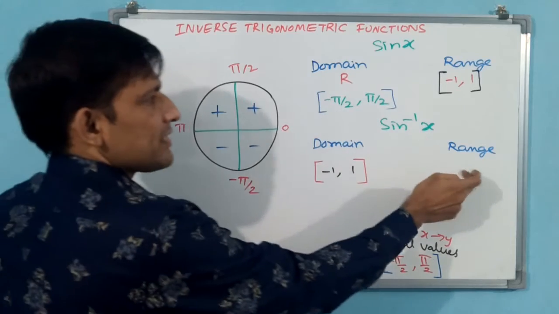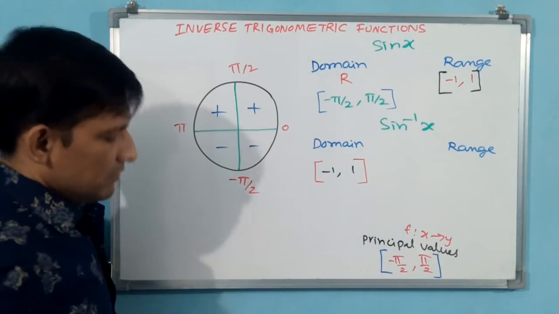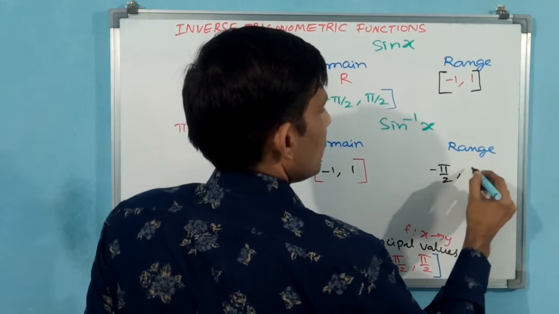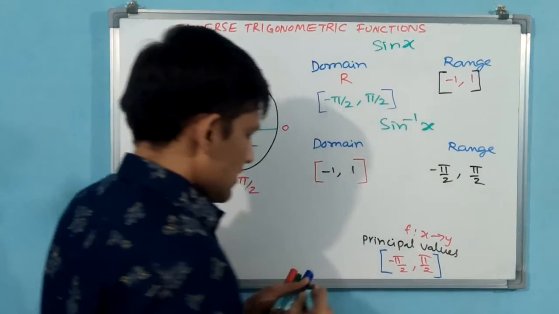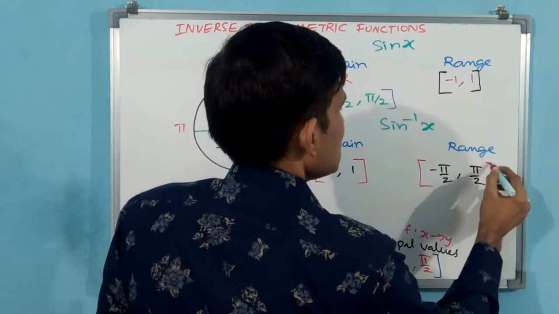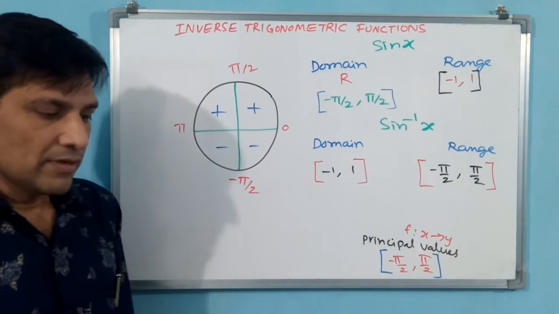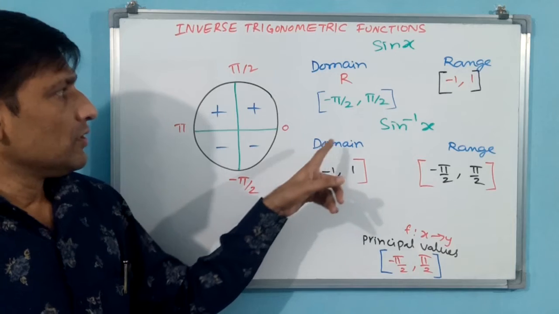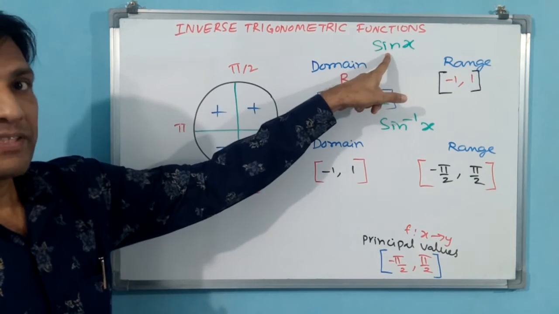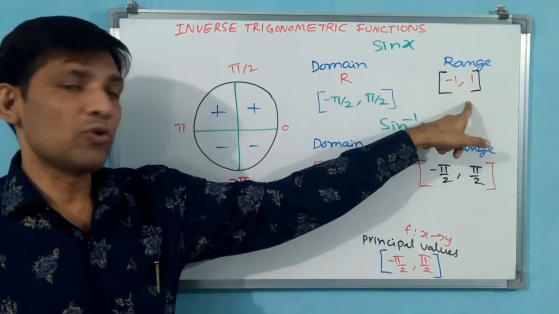Now you can write this here, not R. You understand now why I have written there? Now you write this one: minus pi by 2 to pi by 2. Are these closed? Yes, definitely closed. Now the domain: forget this when you write for sin x. For sin x, you write R and minus 1 to 1 with closed interval.